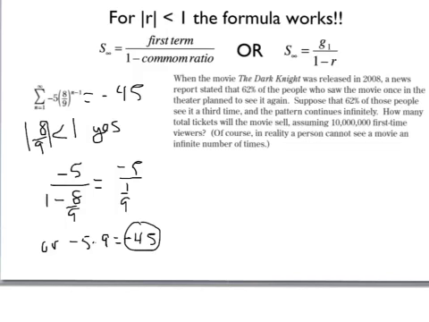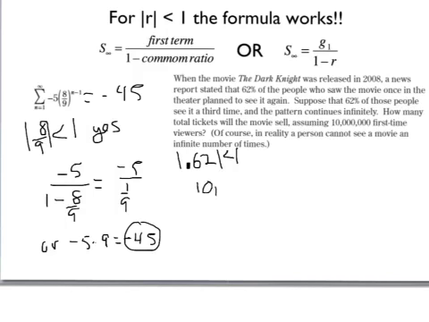So let's try this on this problem. Say that 62% of people who saw the movie once in the theater plan to see it again. So every time you see it, 62% of the people plan to see it again. Estimate the number of total tickets of what's going on here. So, just a quick check. Absolute value of 0.62 is less than 1. The answer is yes. So we're on to our computation.